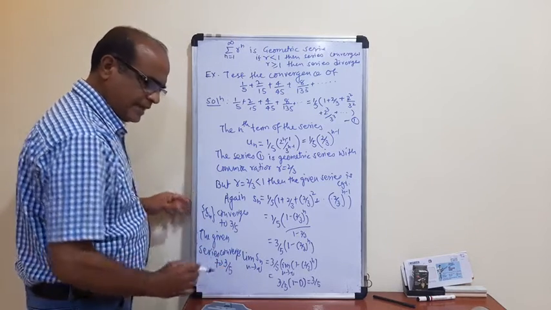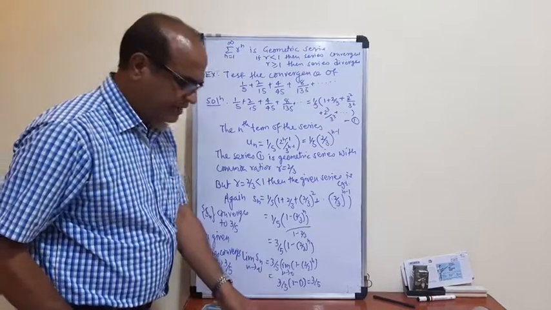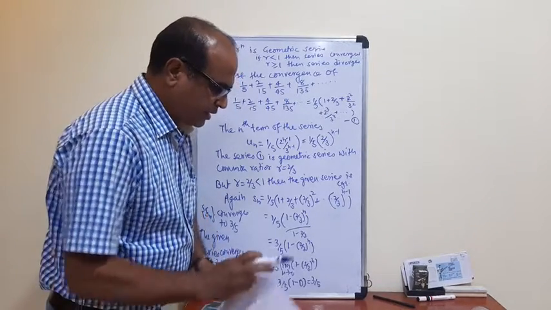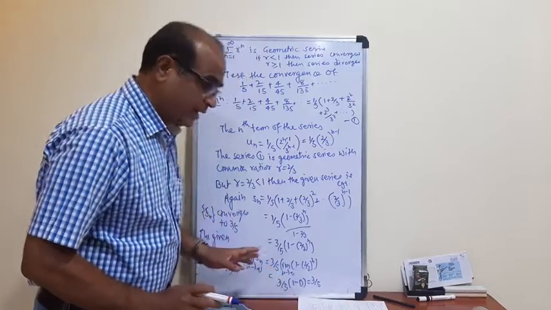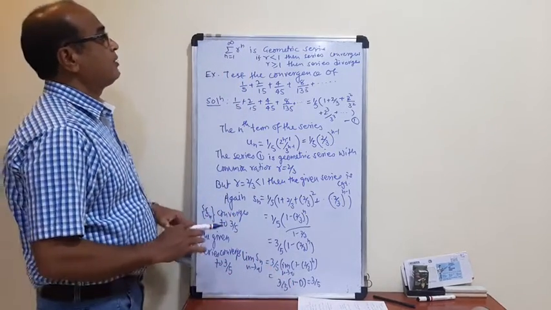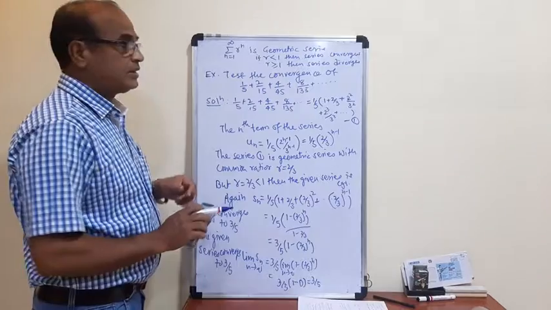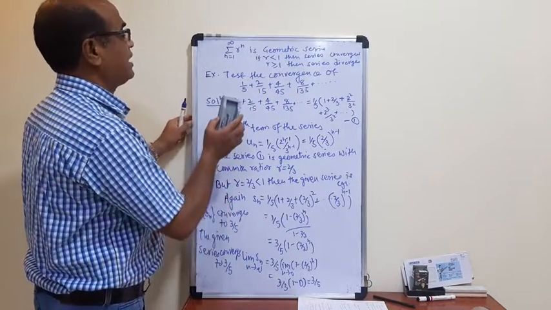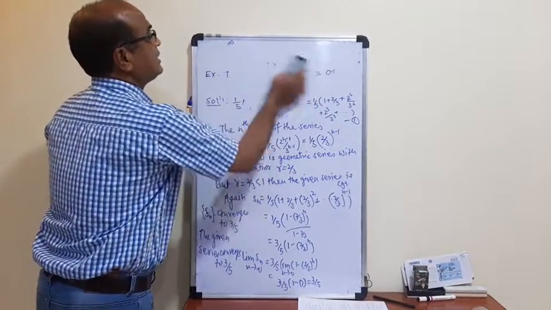Hence the example. So we solved this example by using the geometric series. If r is less than 1, then the series converges. If r is greater than or equal to 1, then the series diverges.